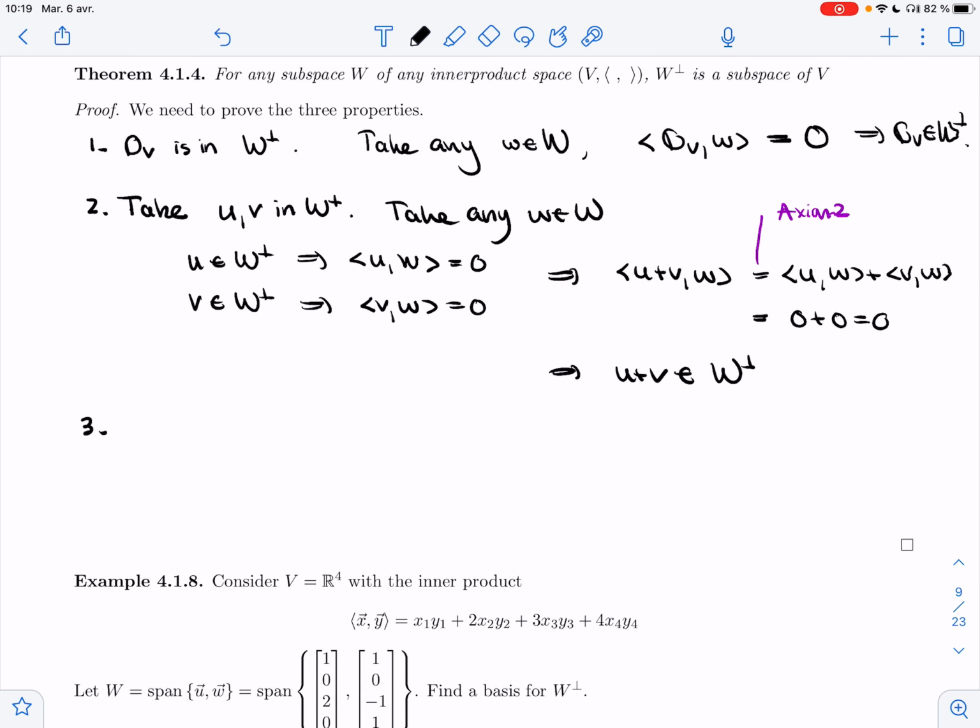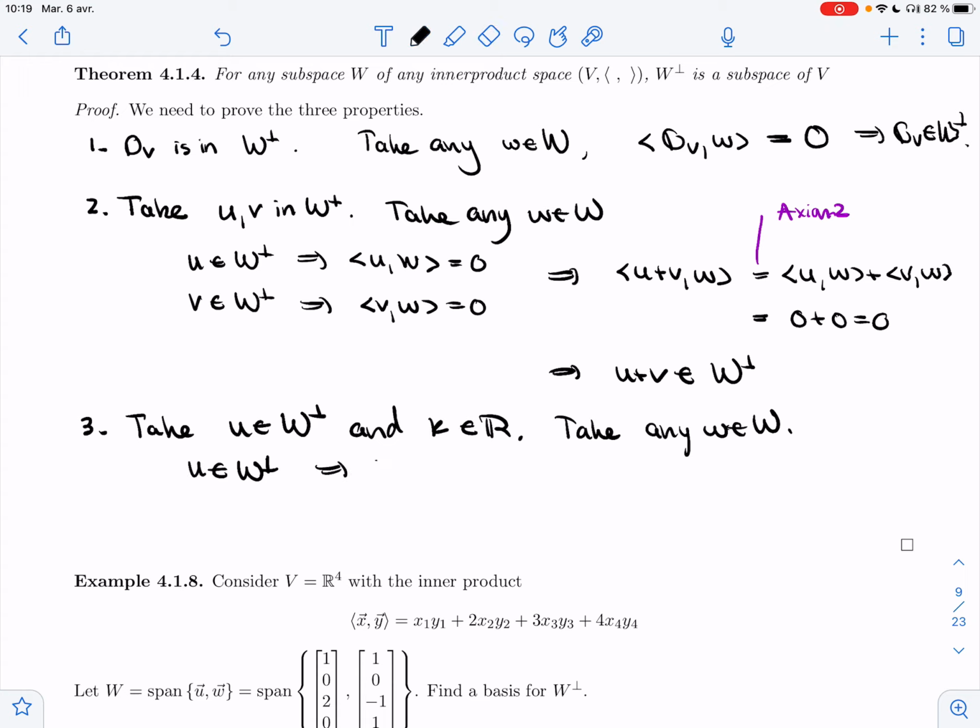And lastly, if I take u in W perp and k in R, again, I need to prove that ku would be perpendicular to anything. Sorry, this is supposed to be a d. And so I'm going to take any element in W and show it's perpendicular to that. Since u is in W perp, <u,w> is 0.